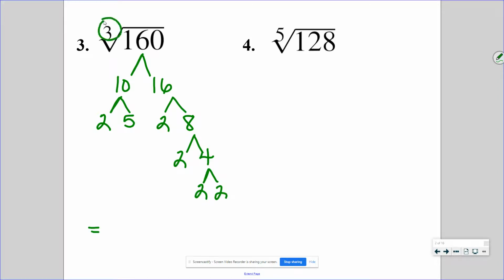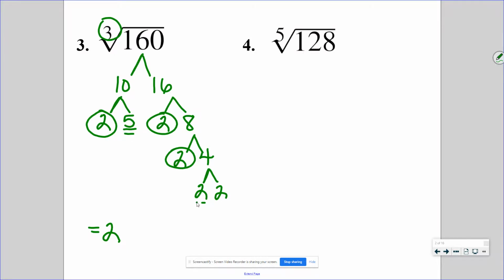Now, because I have a cube root, the only way I can take something outside of this radical and simplify it is if I have 3 of the same thing. So like last time we were looking for a match or a pair, now I'm looking for 3 of the same number, and I have 3 2s, so I can take a 2 outside of the radical, and I don't have 3 of anything else.